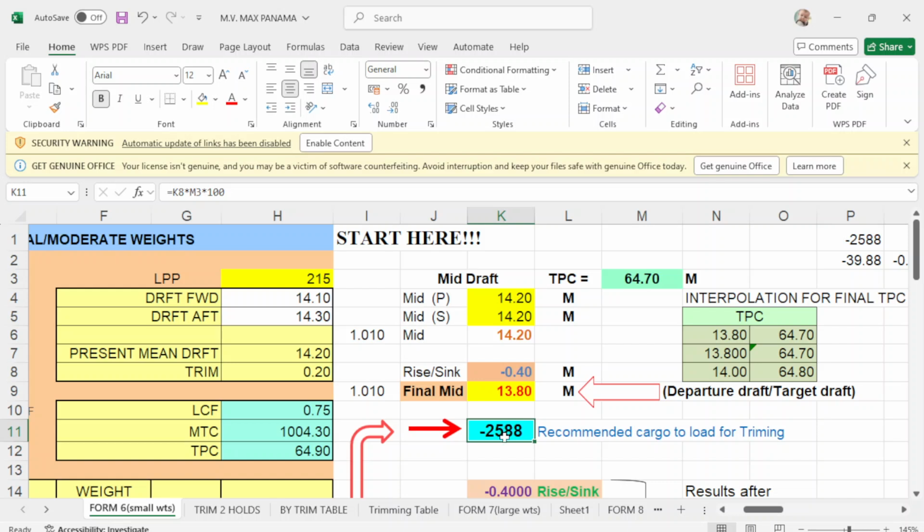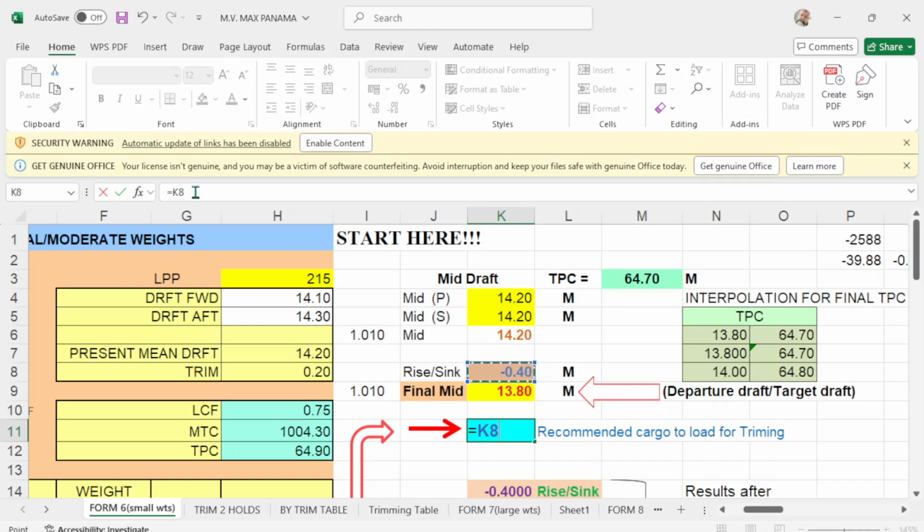Let's say I would like to delete this one to show you how. Okay, so click this one, input equals. You click your 40 centimeters, this is what you call rise. It's negative because you are going to take out cargo. It's going to make the vessel go up, that's why it's negative.